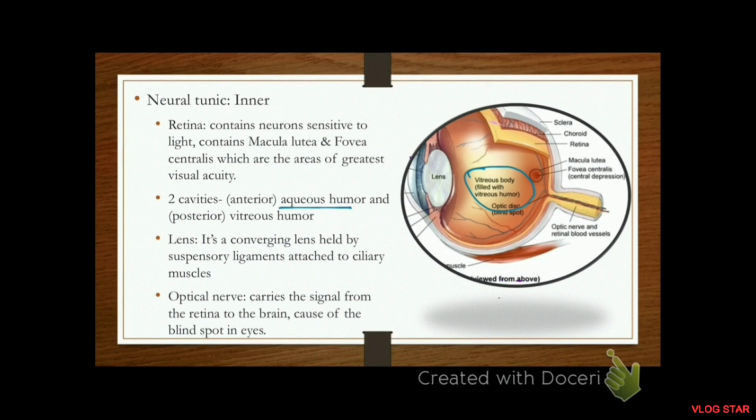This vitreous humor is a transparent gel. Now, what is aqueous humor?